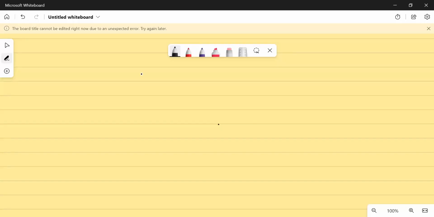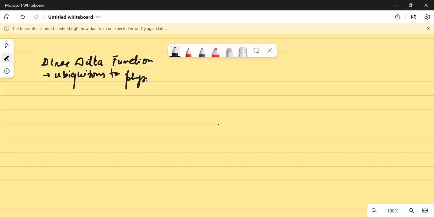Today we are going to start with something very fundamental to physics, and you will find this application many times in physics. This is called the Dirac Delta Function. The Dirac Delta Function is quite ubiquitous in physics, and you'll find several applications in scattering theory, electromagnetic theory, or quantum mechanics, everywhere.